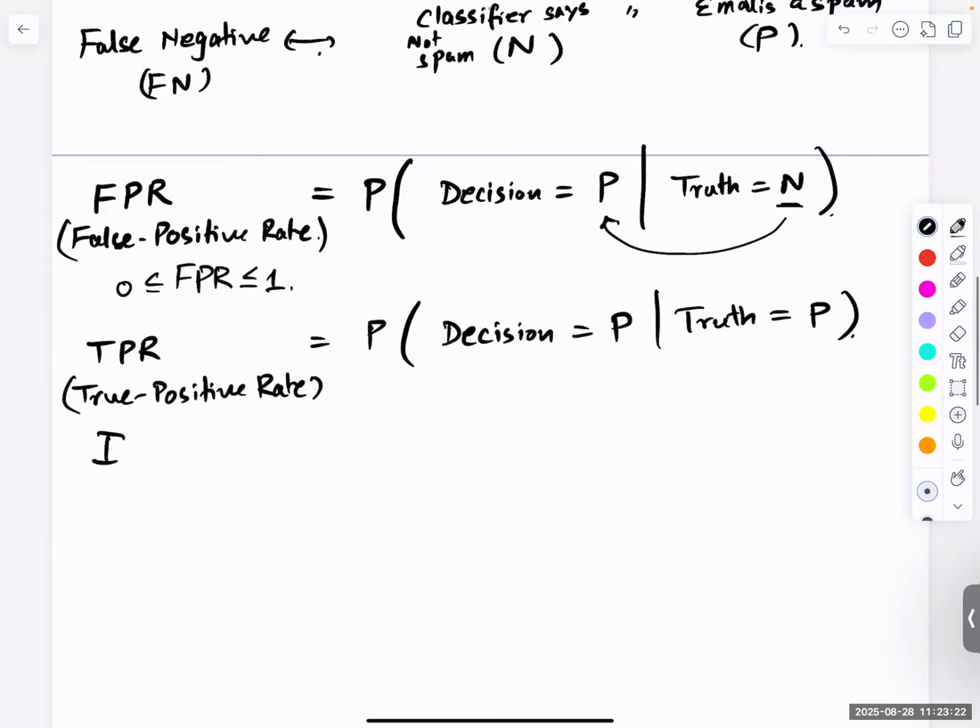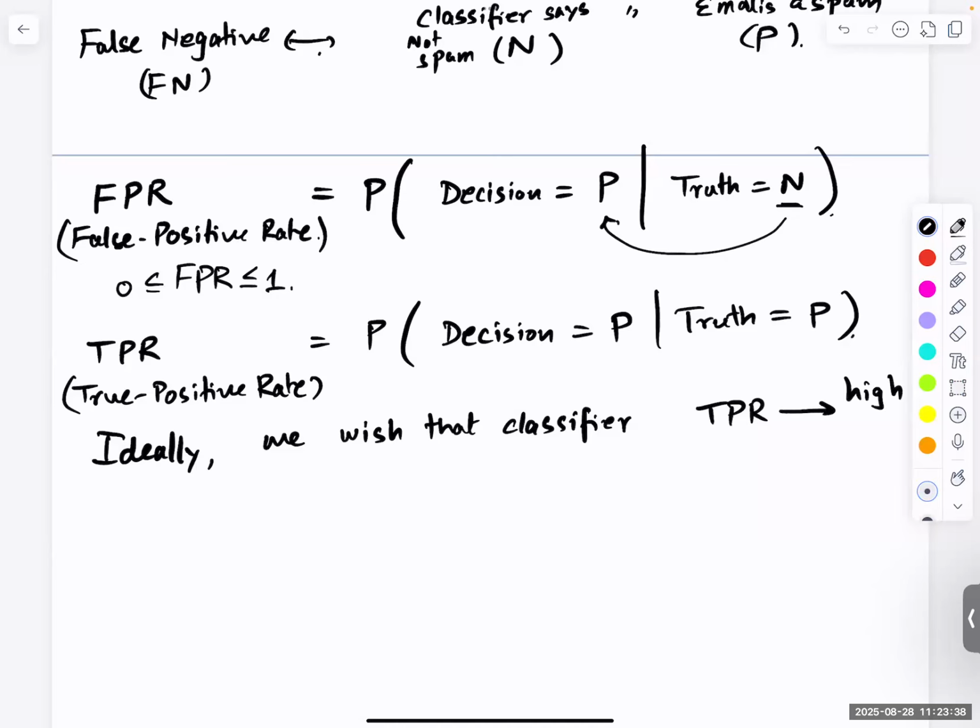Ideally, we wish that your classifier have a true positive rate as high as possible and close to 1, because when the ground truth is P, it better be the case that the decision is P with very high probability.